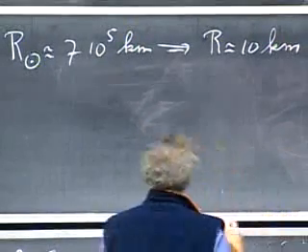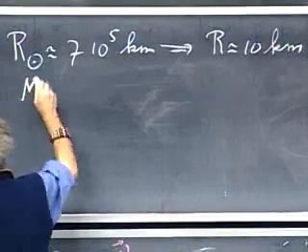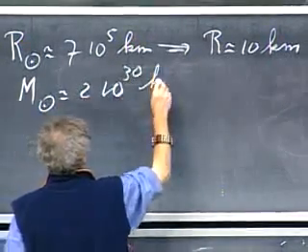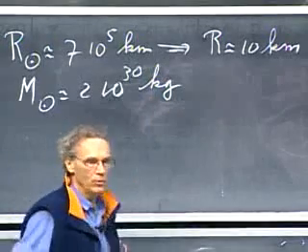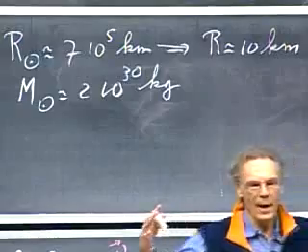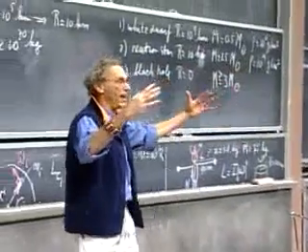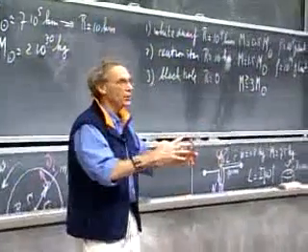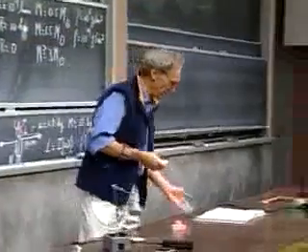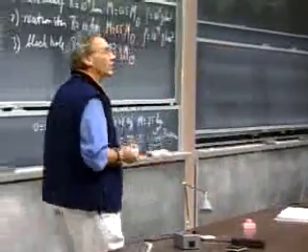The mass of the sun is 2 times 10 to the 30 kilograms, and for those of you who are good at math, you can calculate, when you collapse this object without losing any mass, you keep all the mass, but you shrink it to 10 kilometers, how much gravitational potential energy is released. And that is a staggering number.